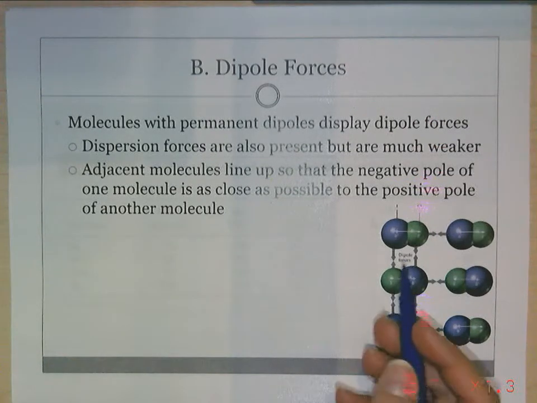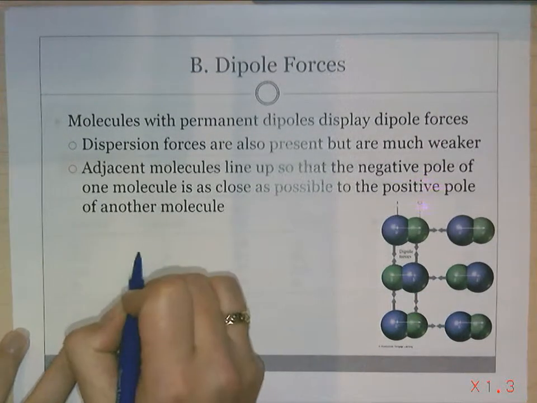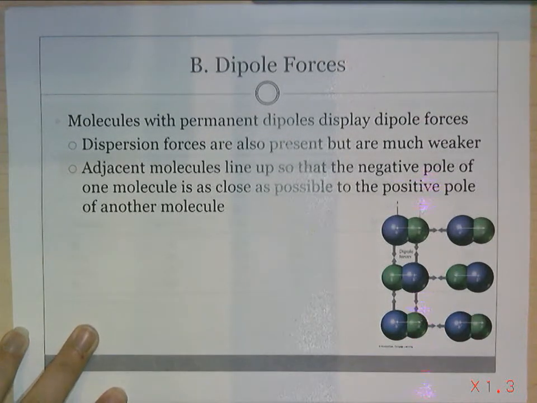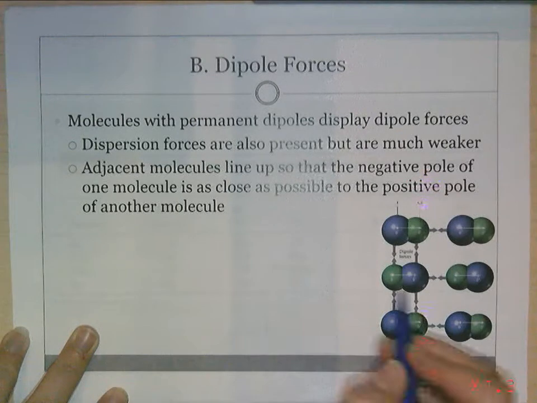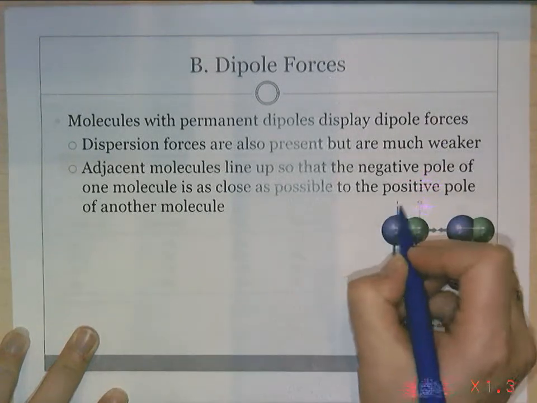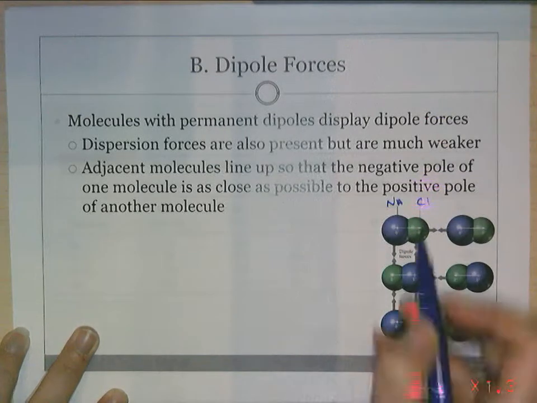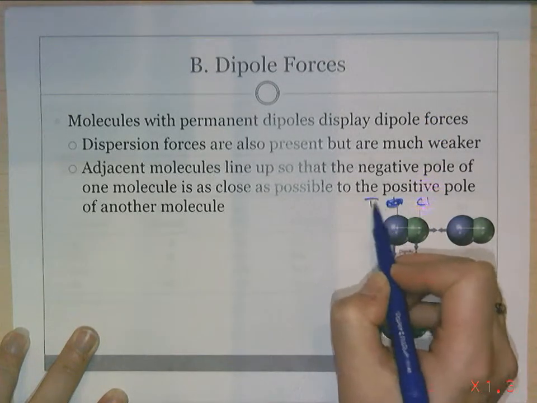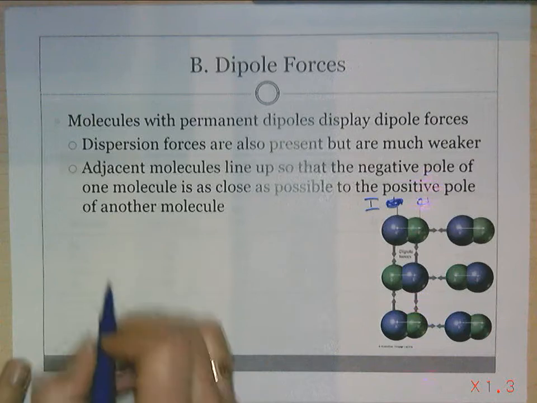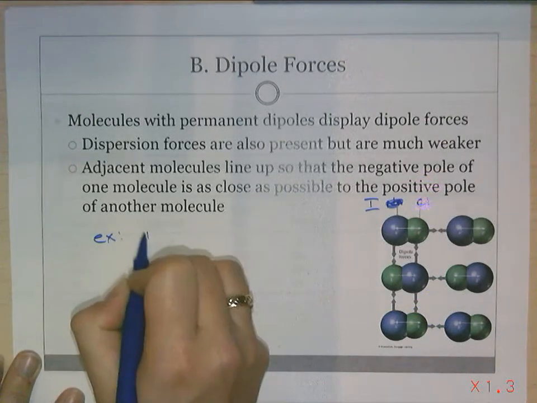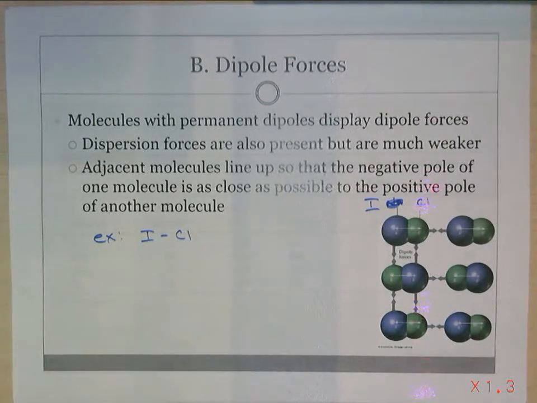So, in this case, my fancy figure over here, it's hard to see in your picture. NaCl. Oh, that's not, that'd be ionic. Let's do ICl. So iodine chloride.